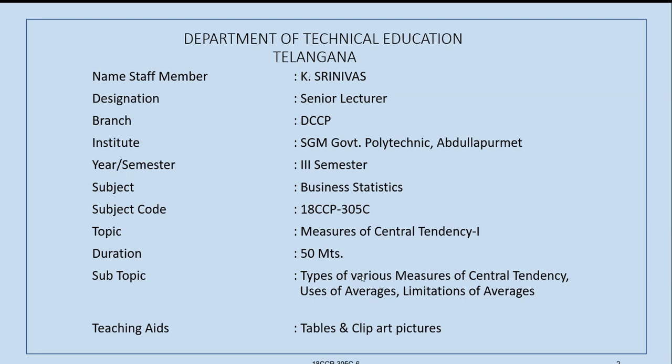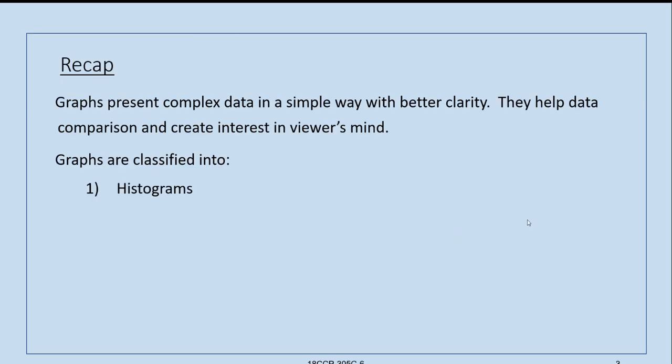Before going to the second unit, a quick recap of the first unit is required. In the last lesson, we have also seen that graphs represent complex data in a simple way and with more clarity also.